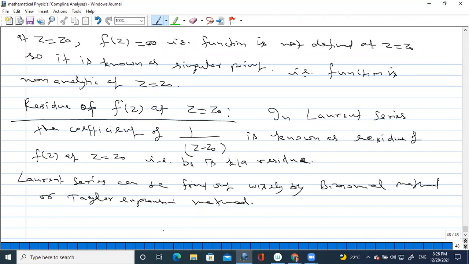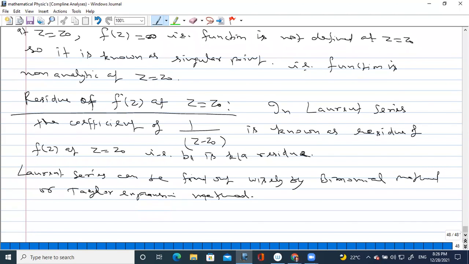Now we have seen that the coefficients in Taylor series were a1, a2, a3 like this. Understood? And in the principal part of Laurent series, the coefficients are b1, b2, b3 like this. Here they give you the integral form, or you can say they are formed by integration of the function.